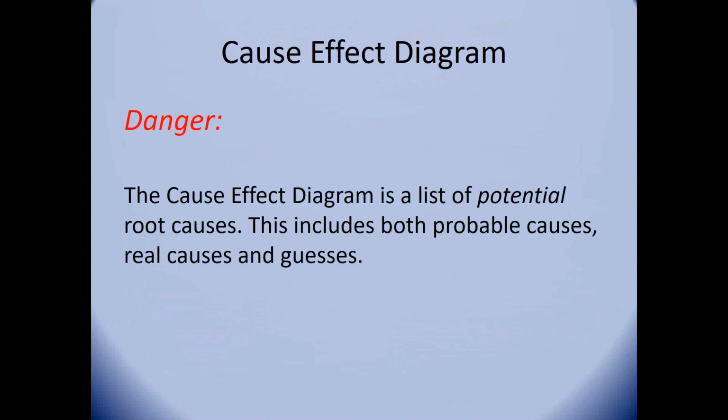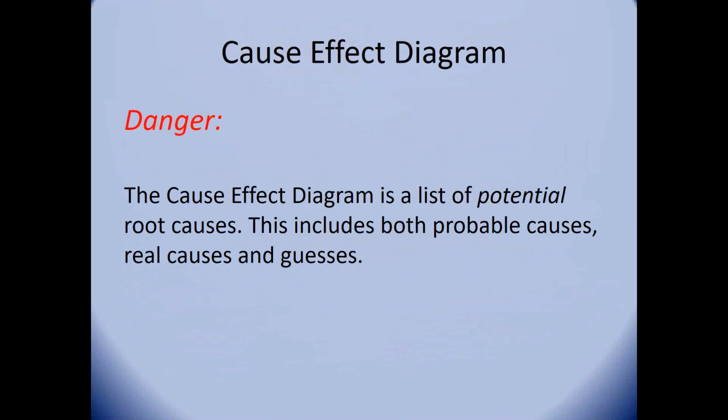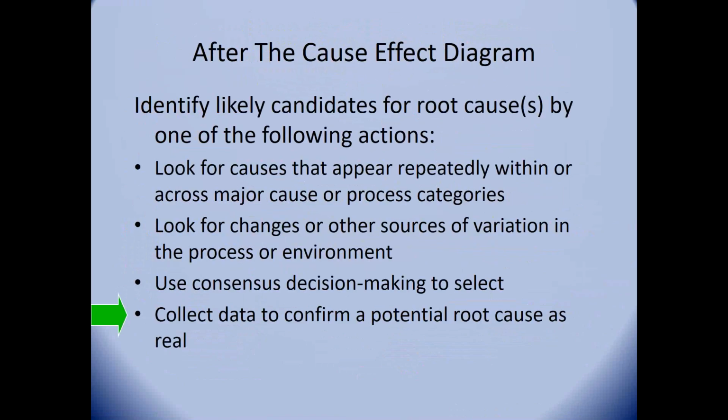Now we have to do something with this information, right? Because you can see from the last one we looked at here, lots of information here. What's highly probable? What can we use from this information? So now we have to go back here and select things that are probable and we could actually work on. So it says here, after the cause effect diagram, identify likely candidates for root cause by one of the following actions.